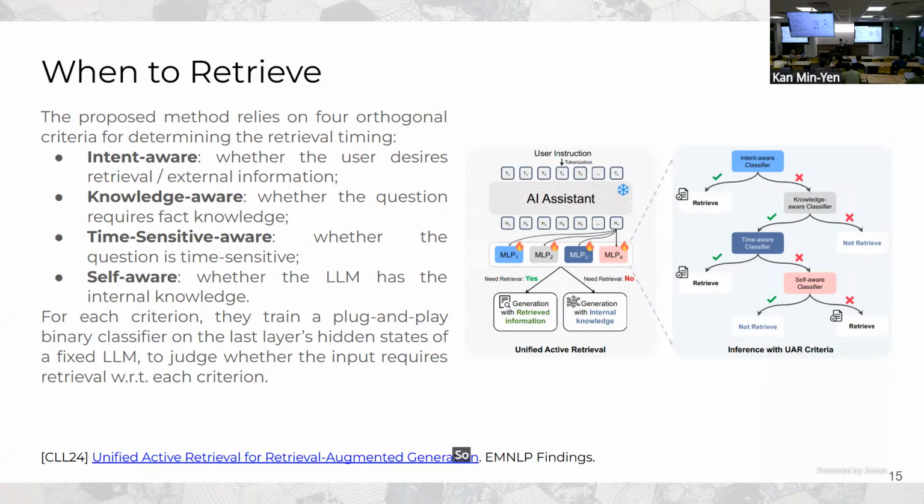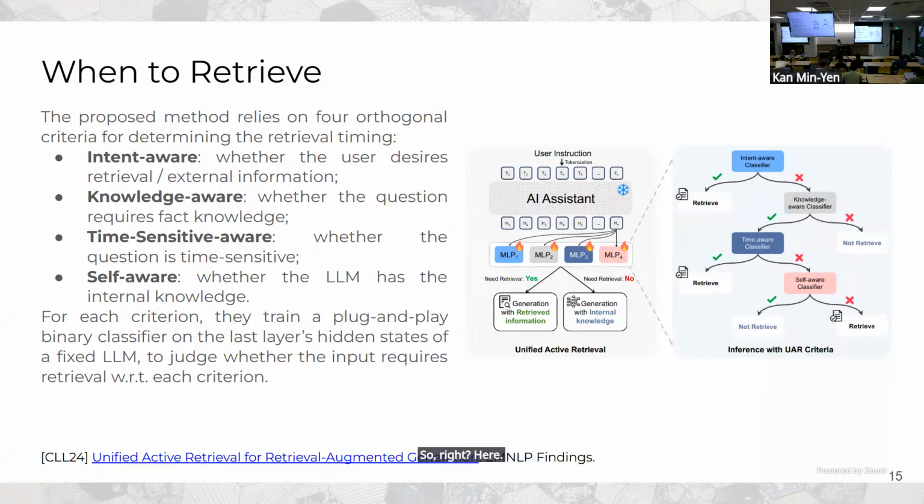Let's have a look at the figure on the right-hand side. In this work, the authors propose four orthogonal criteria for determining retrieval habit: intent-aware, knowledge-aware, time-sensitive aware, and self-aware.